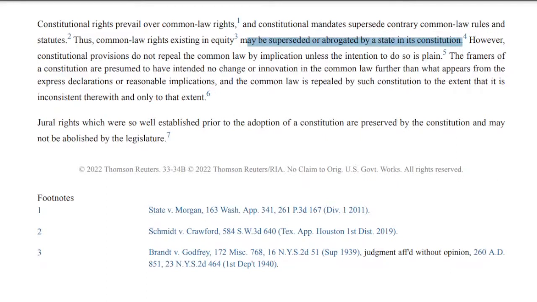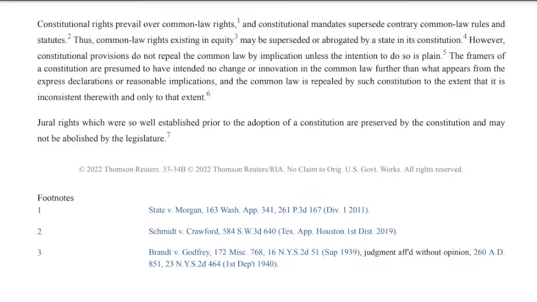Wow, that's kind of interesting here. So again, remember the equity is the law. Common law is part of law. Equity is part of law. So common law rights existing in equity may be superseded or abrogated by a state in its constitution.